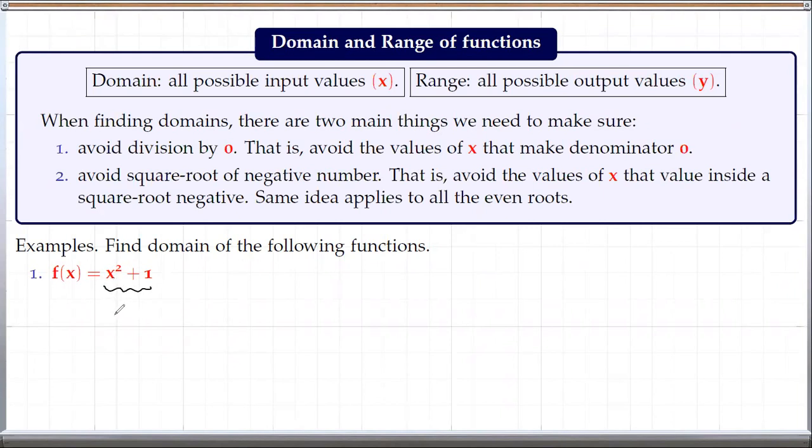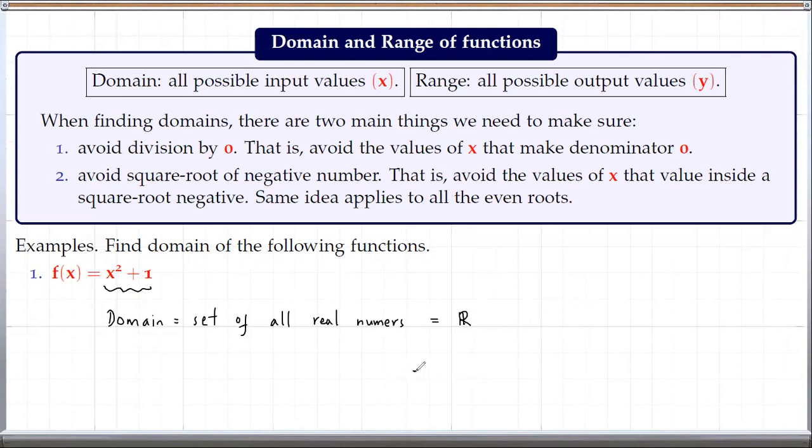So the domain is all real numbers, the set of all real numbers, which we also denote by R.